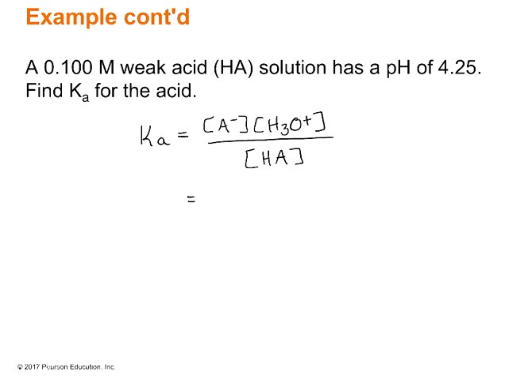So we said that the concentration of A at equilibrium is 5.6 times 10 to the negative fifth. And then for the hydronium ion, we have the same value. And then we're going to divide that by the concentration of HA at equilibrium, which was approximately the same as the initial concentration. So that was 0.100.